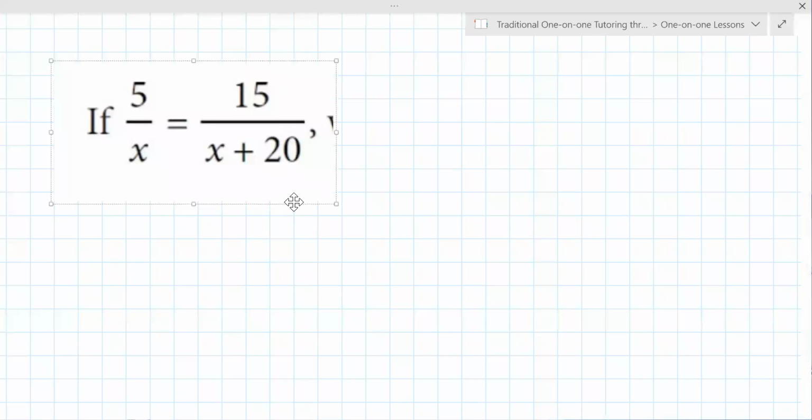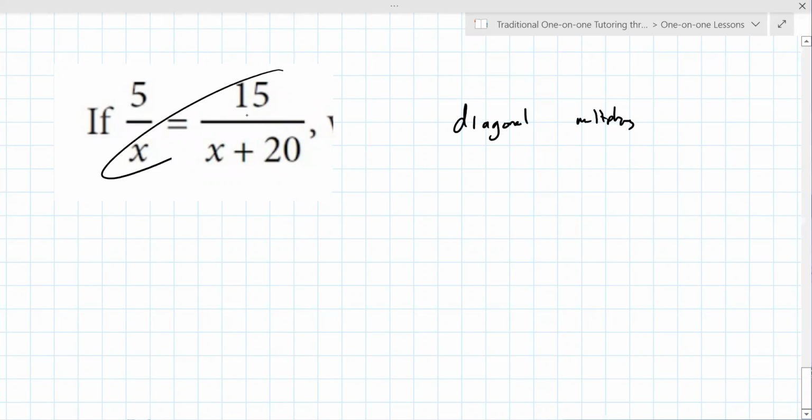Okay, so this is not the entire question, but what I want you to do is apply that diagonal multiplying that we've been doing. And I want you to solve for X for me on this. So I just put X times 15 and 5 times X. Okay. But that's in parentheses, yeah.